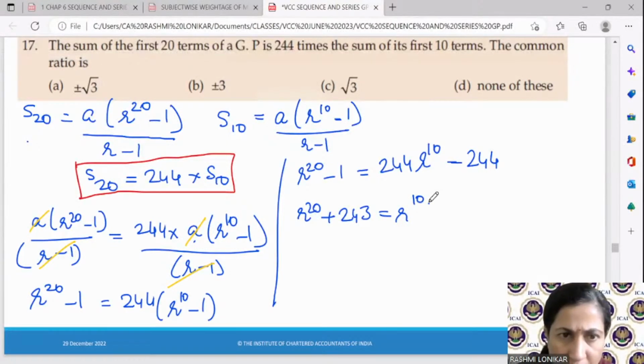Where has it happened? R raised to 10, 244.